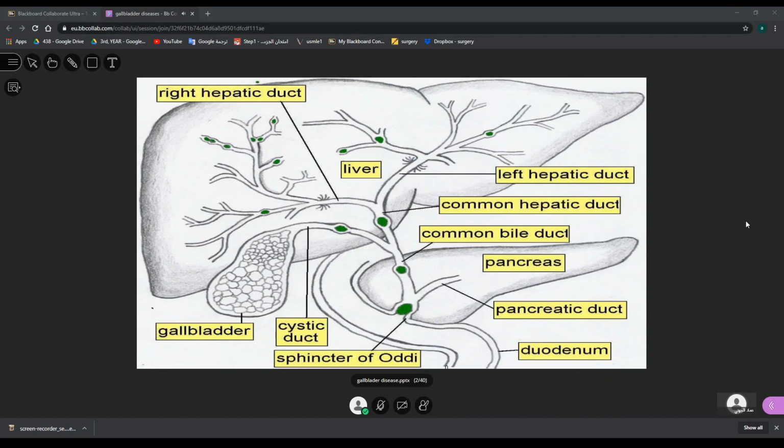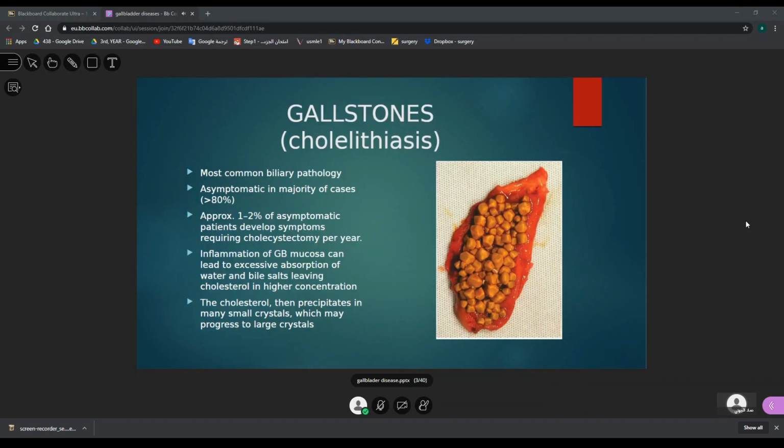So we go to the gallbladder pathology, and we will start by the most to the least common. So the most common pathology of the gallbladder is gallstones. It's cholelithiasis. So cholelithiasis is the most common biliary pathology.